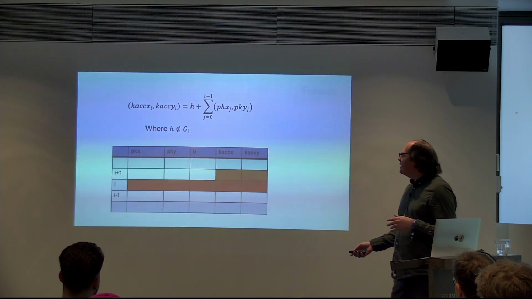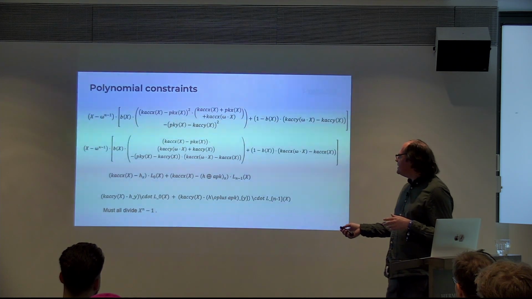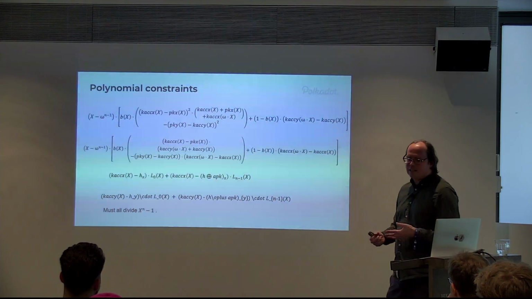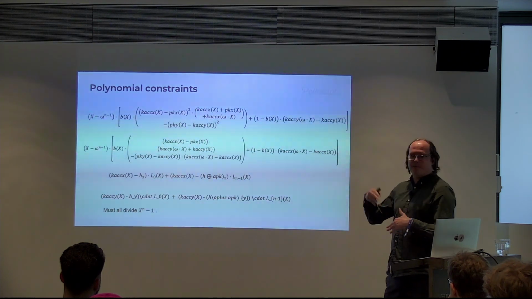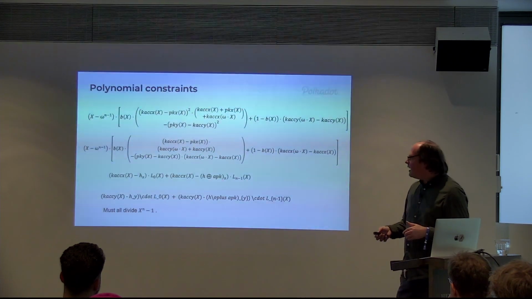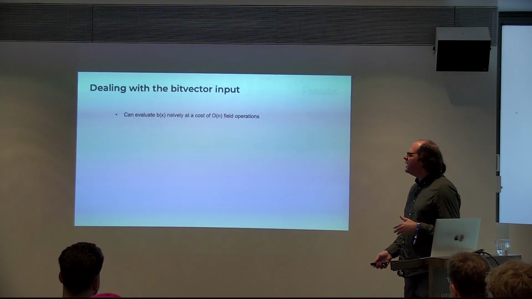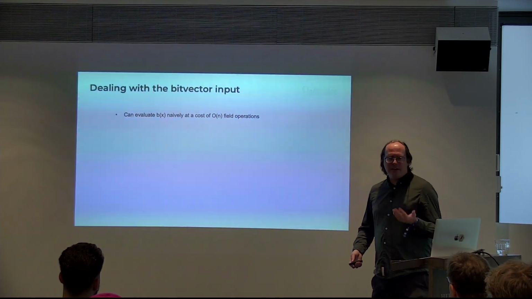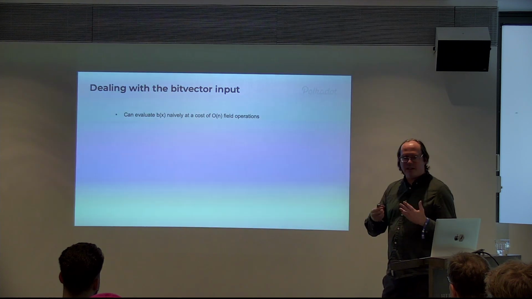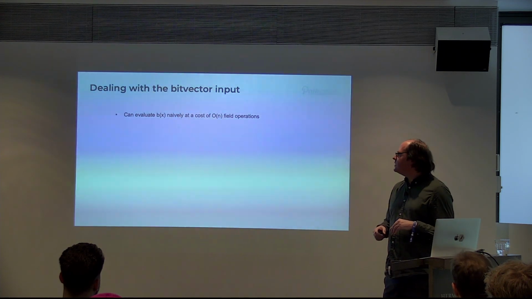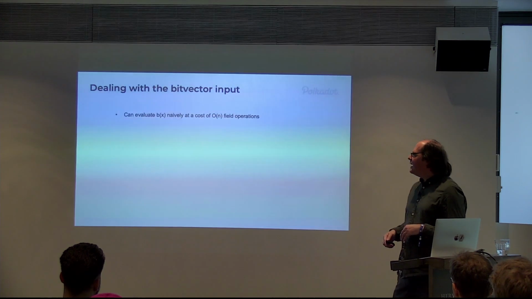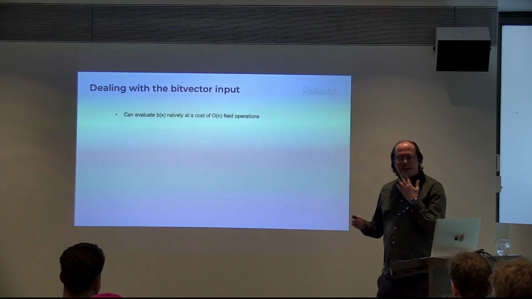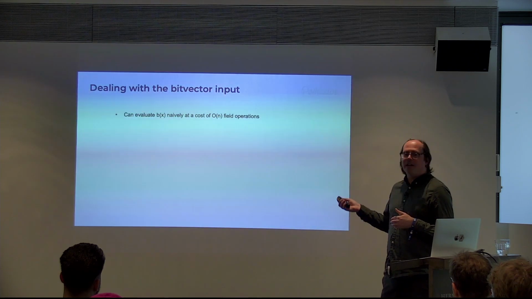Now, in the verification equations, we have this polynomial b of x, which is your Lagrange basis commitment to this bit field. And the verifier has the bit field. They can just evaluate this by a barycentric evaluation, a Lagrange evaluation for roots of unity, but doing that would cost them order of n field operations.